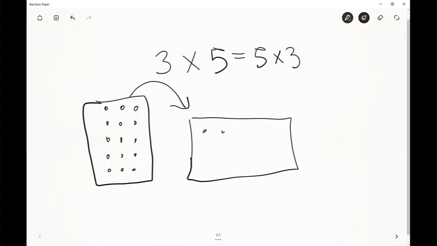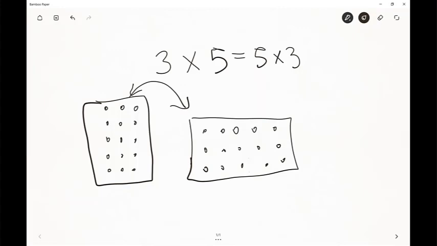I should have something like this. I have 5 times 3, 3 groups of 5s here. And you can see how they are linked by looking at this picture.